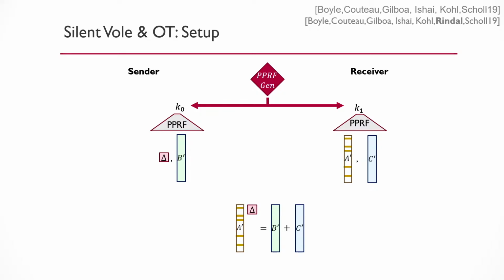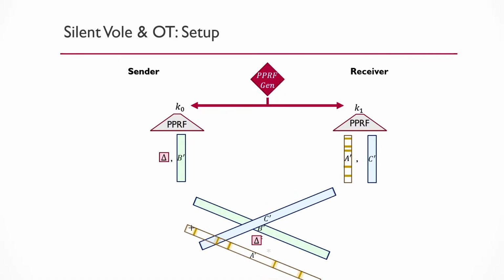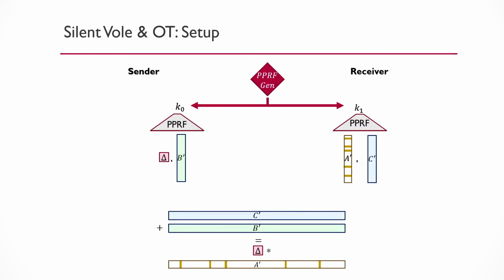And then the question is, is there a way to bootstrap this sparse version, which for some reason is efficient to generate, into the desired version where this A vector looks uniformly random? The answer is yes, but first, let's talk about how we generate this vector.